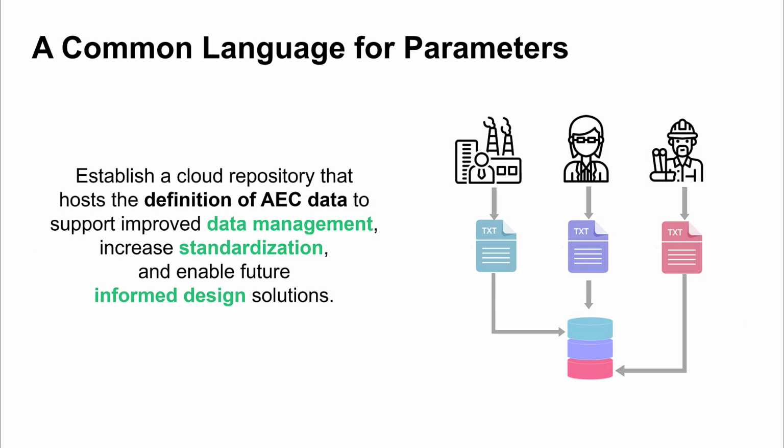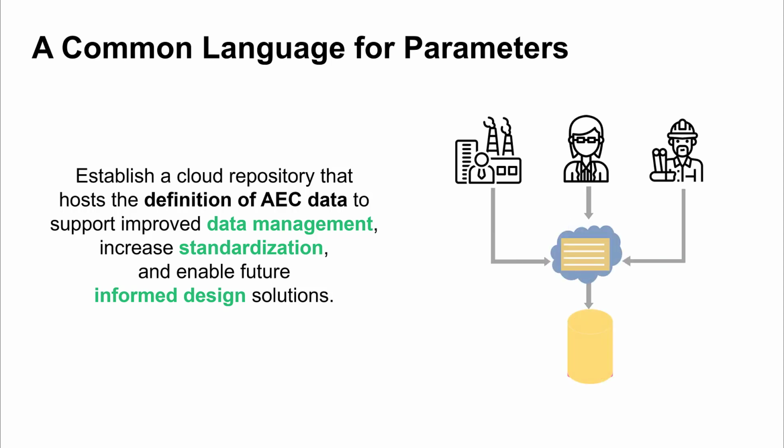In a different way of looking at things, one big area that we are focusing on is helping people to standardize their data and improve data management. With that, we've been working on a project called Unified Parameters. The goal is to start to move parameter definitions into the cloud, so that rather than three personas working together with shared parameter files and ending up with completely incompatible data at the end, when that data is combined, you actually get a holistic representation of the project.